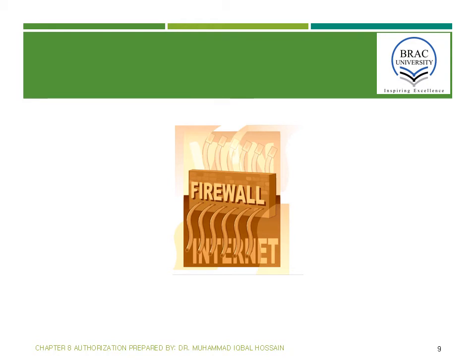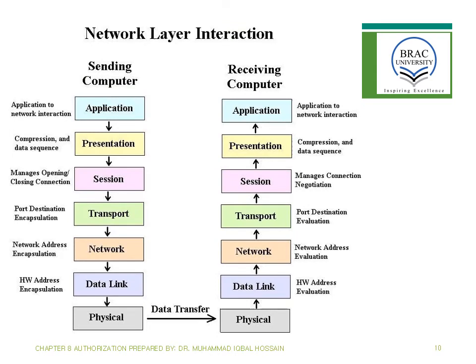Now let's discuss a little about firewall. Firewalls are basically for the networking side, and we are not discussing the networking part too much, but I'm just giving an idea of how this firewall works. Those who have taken the networking course might know these things.